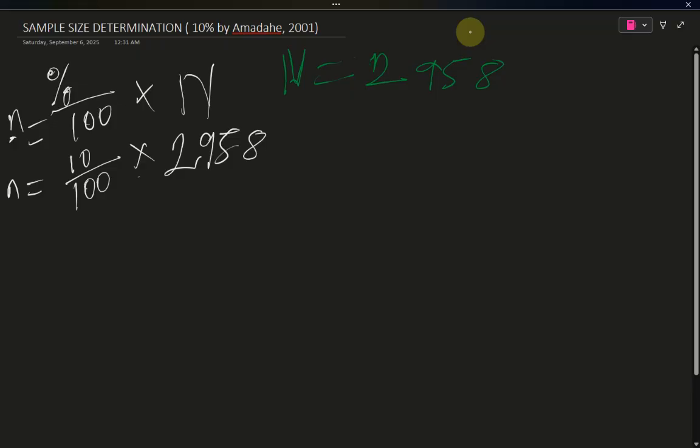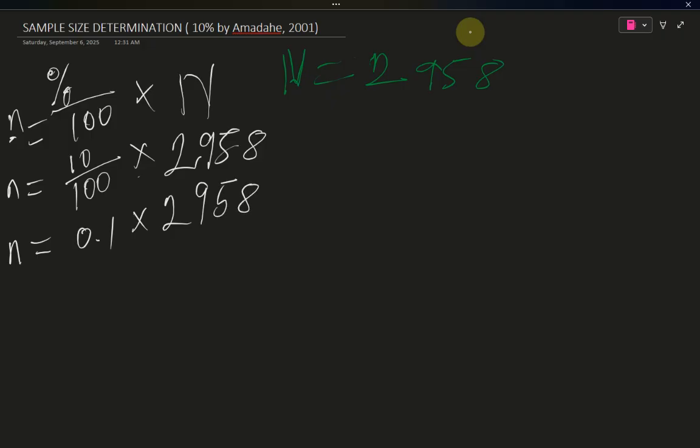Then you just plug those numbers in. To get our sample size small n, if you divide 10 by 100, you get 0.1, right? Yes, sir. Then you multiply this by 2958. If you multiply 0.1 by 2958, what do you get?